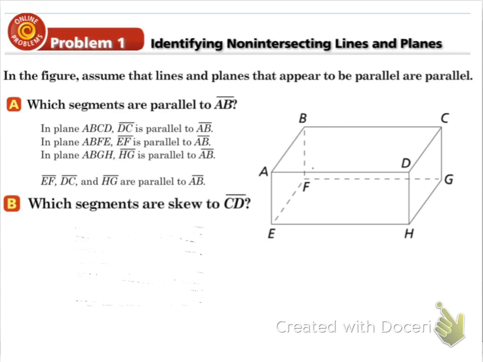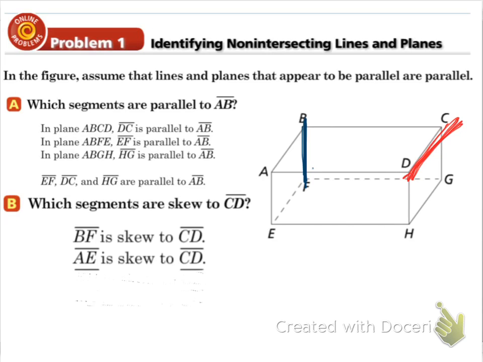So now we're looking at which segments are skew to CD. So I'm going to use a different color again. Here's CD right here. And so we're looking at which segments are skew. So BF is skew to CD. Remember, they don't intersect and they are not parallel. So that's one possibility. AE is skew to CD.